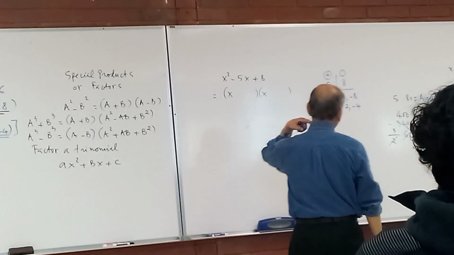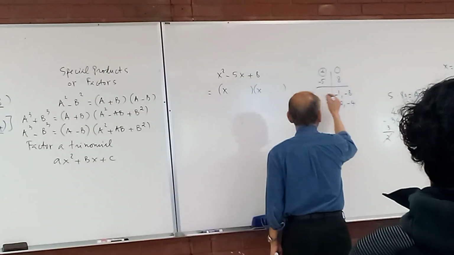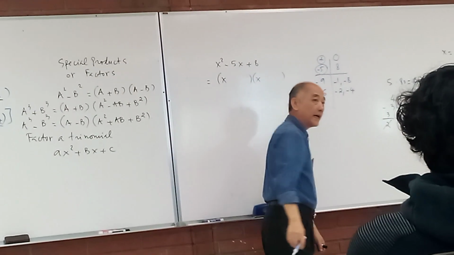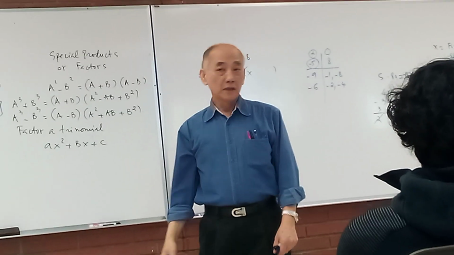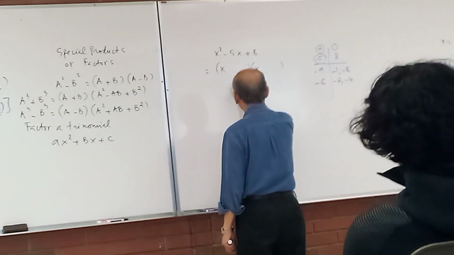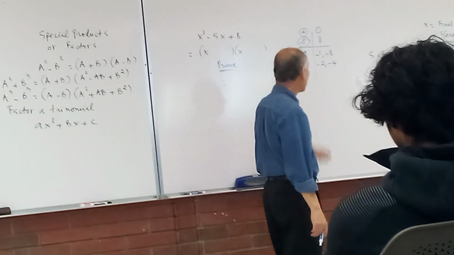I think that's what we have. Yeah, and this is -9, and this is -6. We cannot get -5. So what's the conclusion? Not factorable, or prime. So we say it is prime.